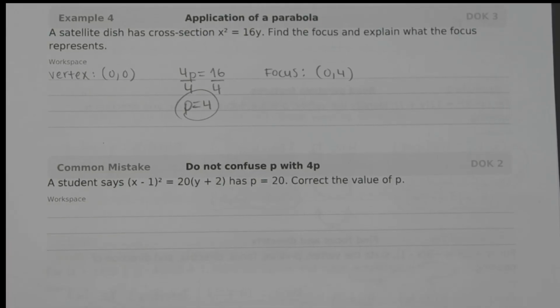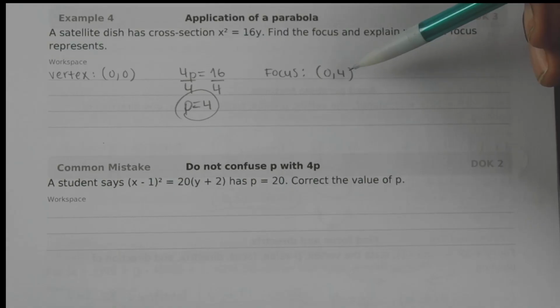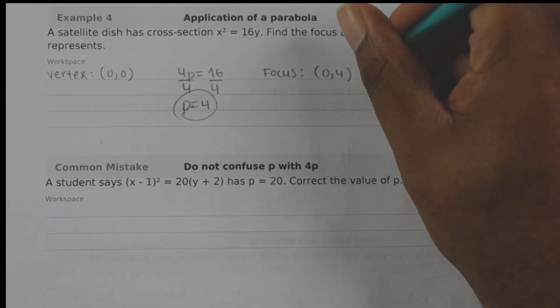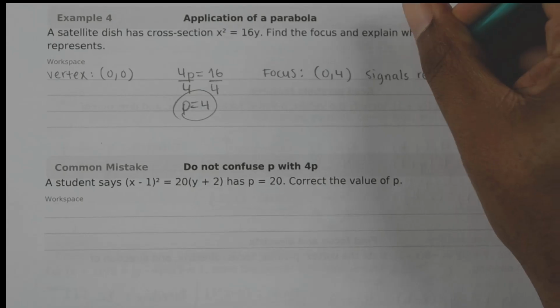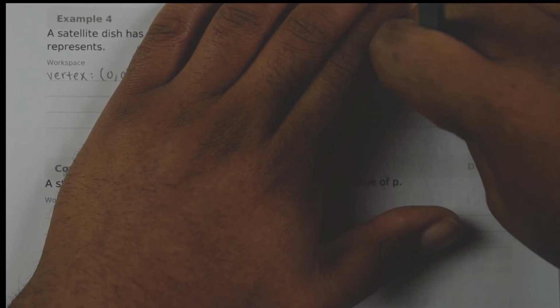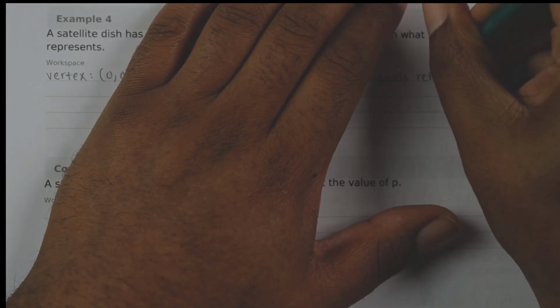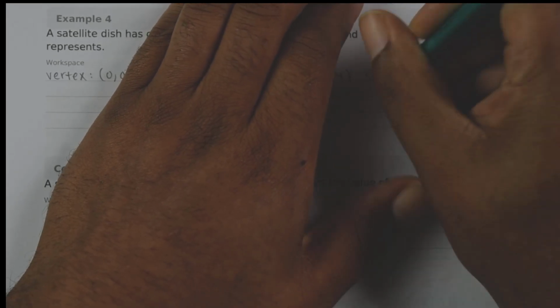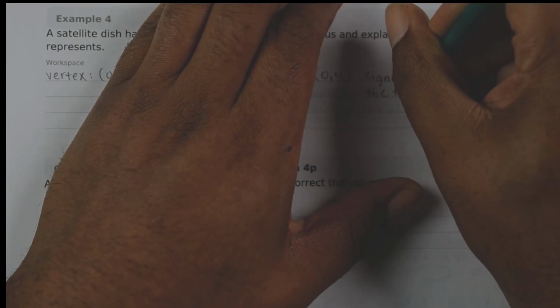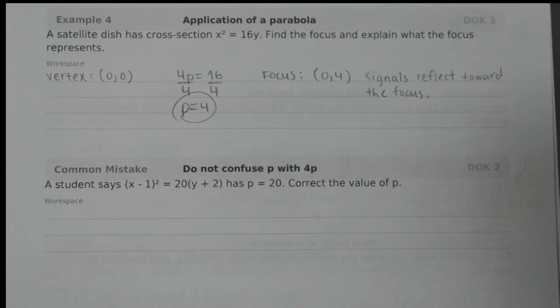So that is where a receiver would often be placed, okay? So the focus would be 0, 4, meaning that the signals reflect toward the focus. Okay. So for this particular satellite dish, the focus is 4 units above the vertex.